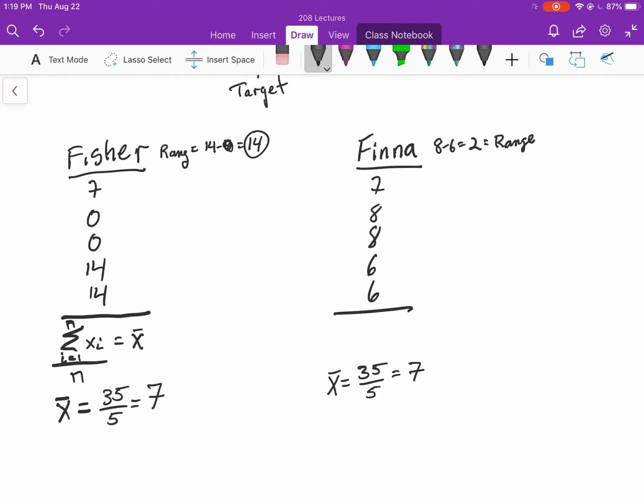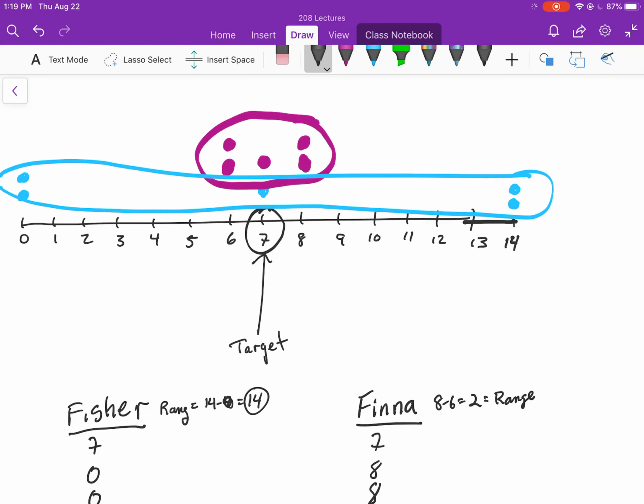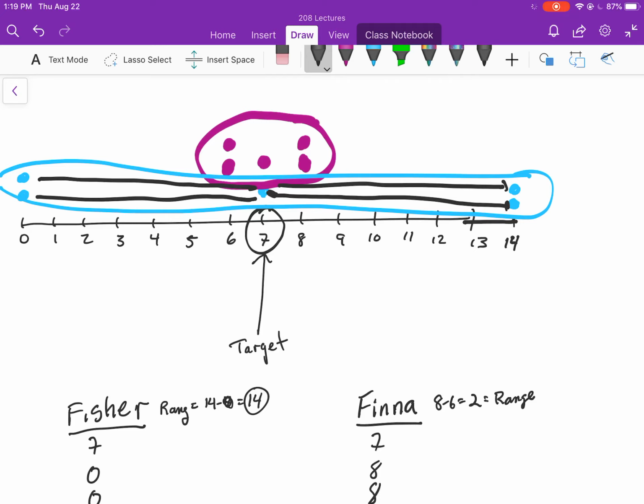So one way you might intuitively imagine doing this is just looking at the total deviations. So you could say, all right, let's go to Fisher's score, and he's got these huge deviations like this and like this, right? And really big ones here. And you could add these deviations up. And you could compare those to Finna's deviations, which are really short like that.